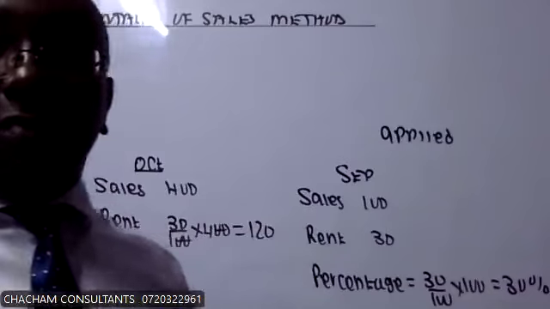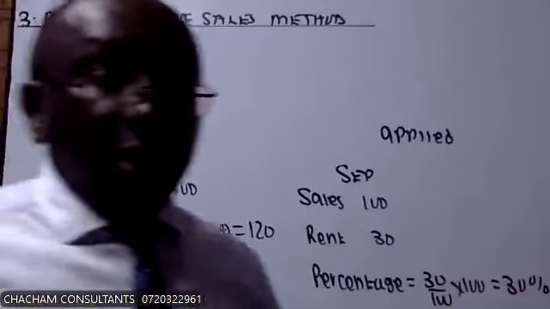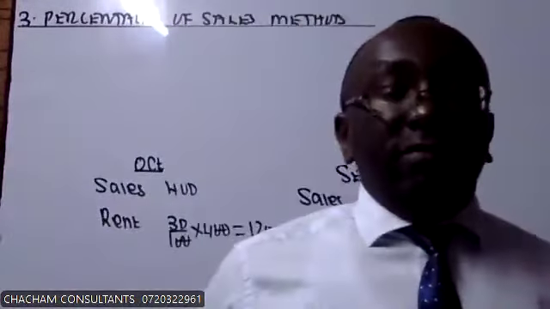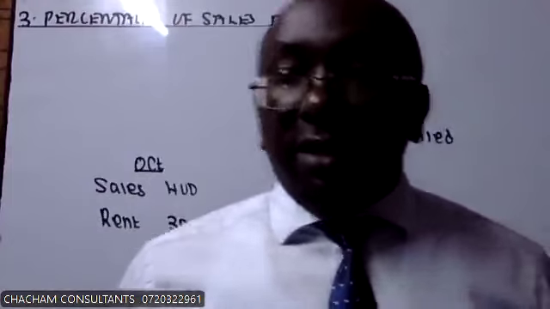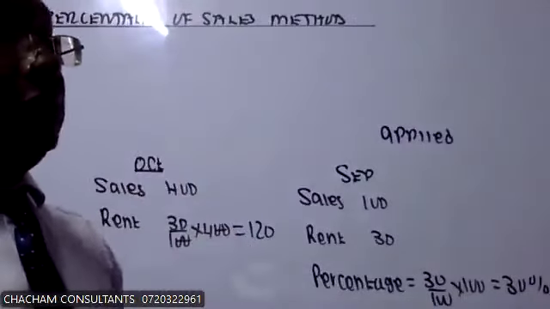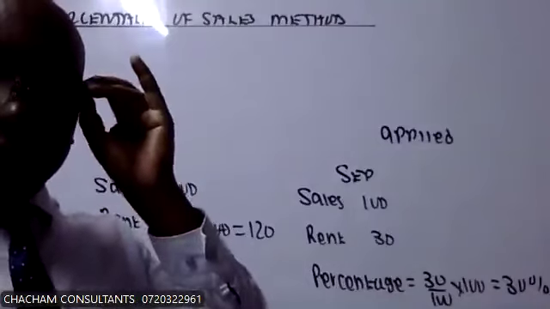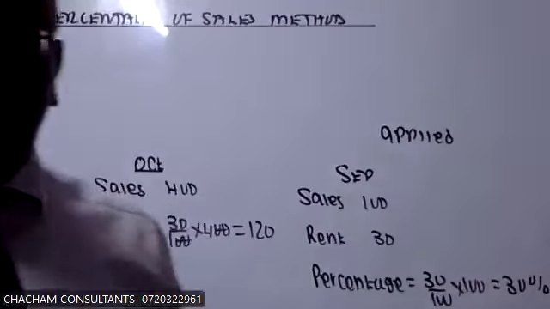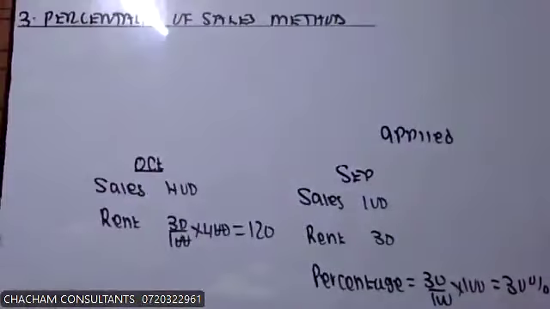That is what we call the percentage of sales. It's just like what you did yesterday on the common size for the income statement. So that tells you this is best used in predicting the items that you'd find in the income statement. So I want us to look at November 2016, question 3A.